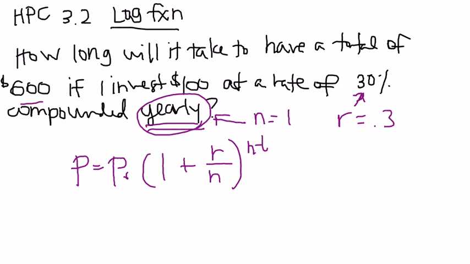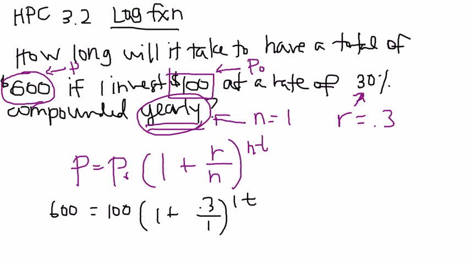And then I want to have a total of 600, so this should be my P. And lastly, this should be my P naught, because that's what we're starting off with. So then, what are we solving for in this case? Well, since we're asking how long it will take, we're going to solve for t.